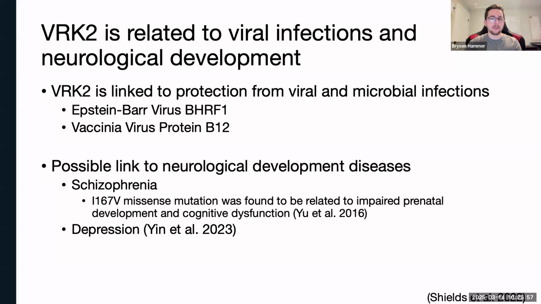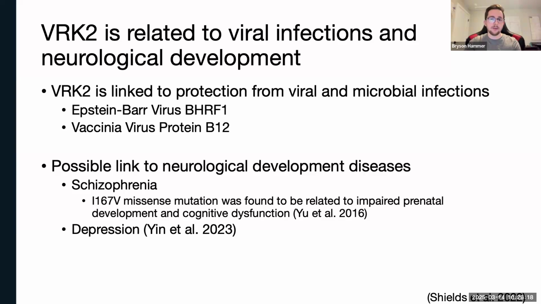VRK2 is actually involved with infections when working properly. It has been shown to physically interact with the Epstein-Barr viral infection proteins and vaccinia protein B12 to prevent apoptosis. VRK2 is also downregulated in neurological disorders, leading to neuronal loss and increased cellular stress.